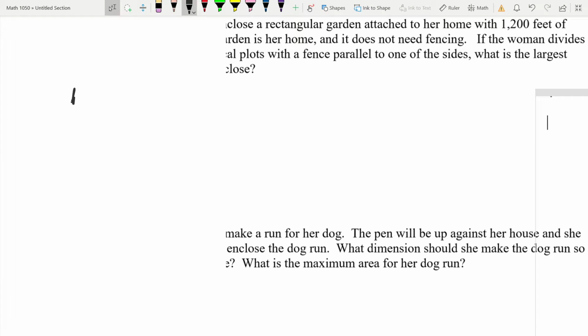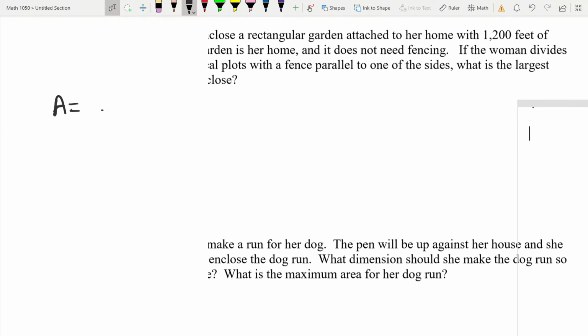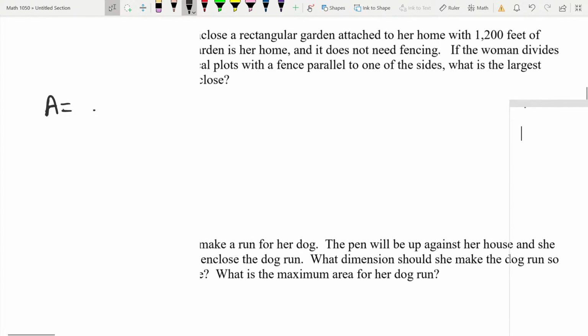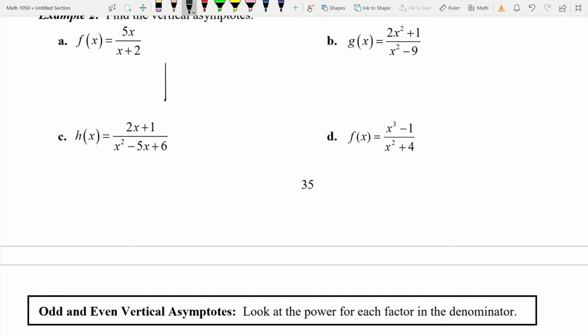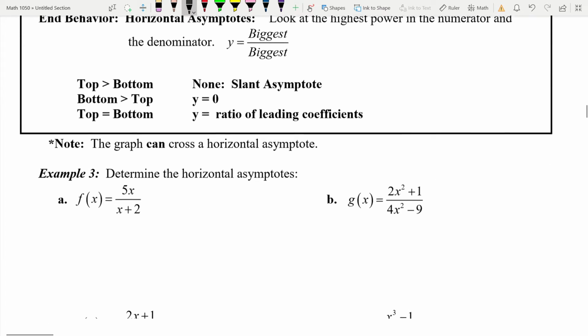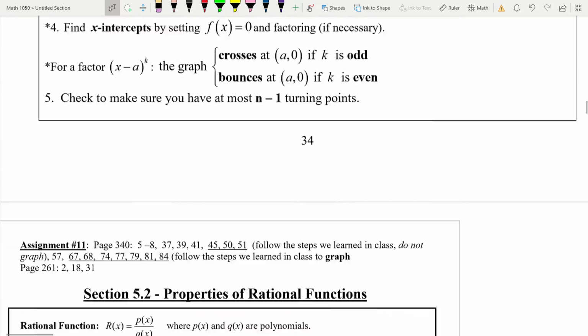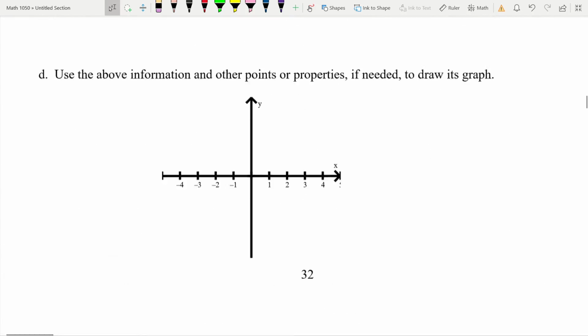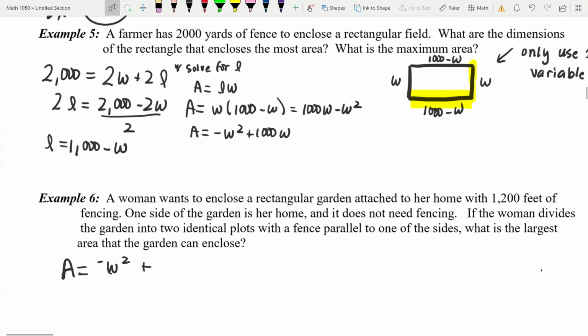Okay, so I've got area equals negative W to the second. Is that what it is? Thank you. Negative W to the second plus 1,000 W? Oh my gosh. This is insane. There we go. Yay, it's back.